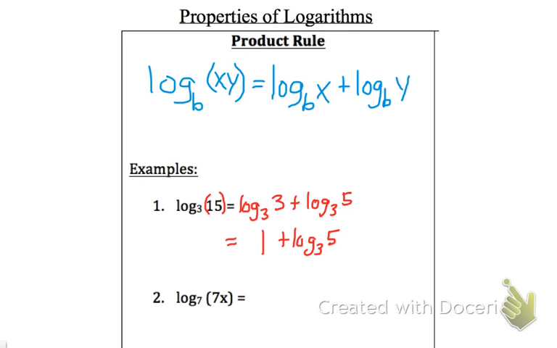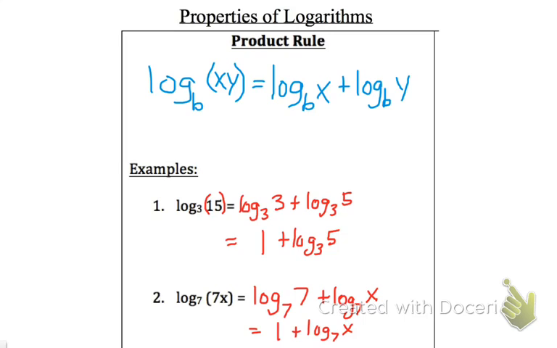With a variable expression here in the second example, number 2, log base 7 of 7x can be rewritten as log base 7 of 7 plus log base 7 of x. Again, by applying the product rule, log base 7 of 7 simplifies to 1 plus log base 7 of x.